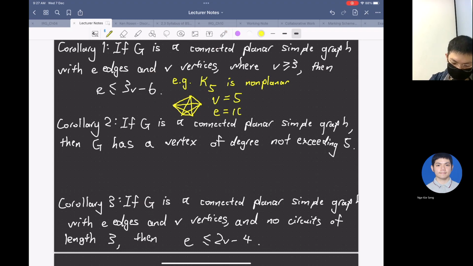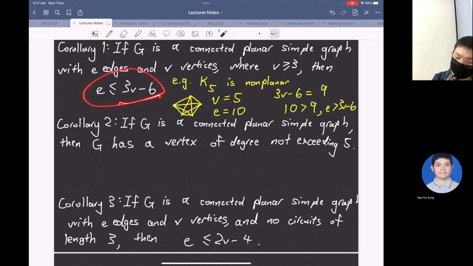Okay. So what is 3V minus 6? 3V minus 6 is 9. But 10 is greater than 9, so this is not true. It is connected, it is simple, but it is non-planar. So this proves that this graph is non-planar.